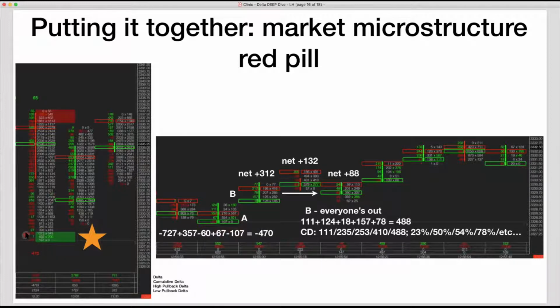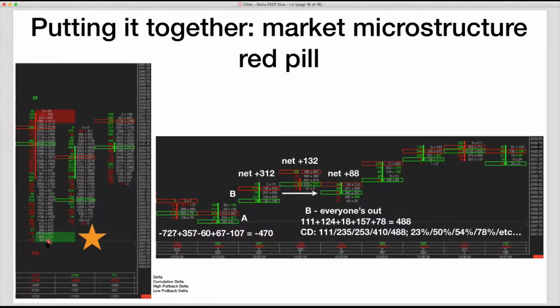The delta through this range of exhaustion was negative: minus 370, 643, minus 1013, plus 7, minus 107 gives us minus 470 delta.